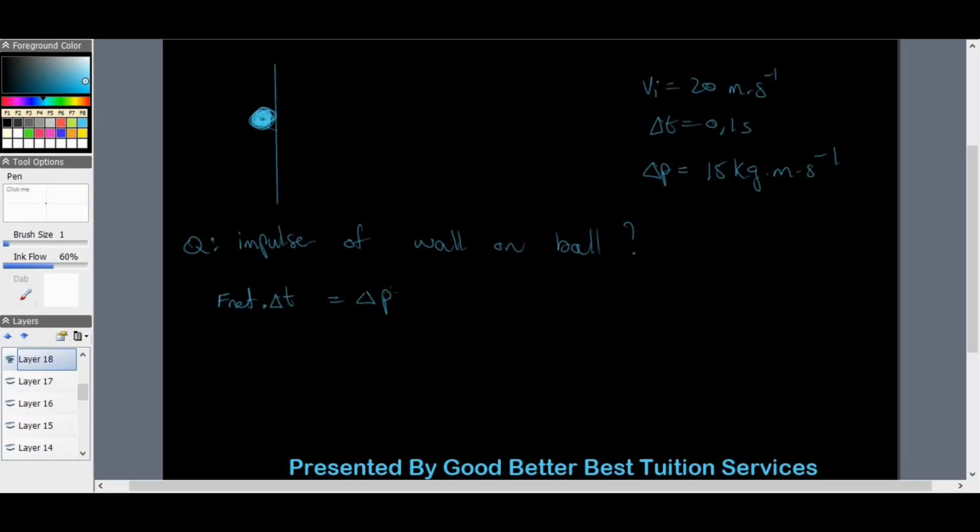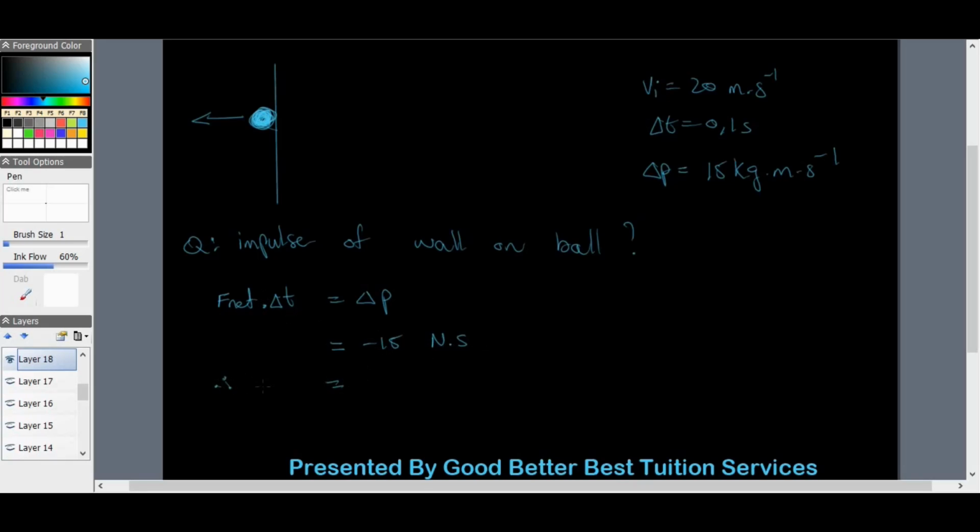So they said that the momentum changes by 15 kg·m/s, meaning that the ball bounces off the wall that way. It's only there for 0.1 seconds. So my impulse is going to equal negative 15, because this is essentially what it's equal to.